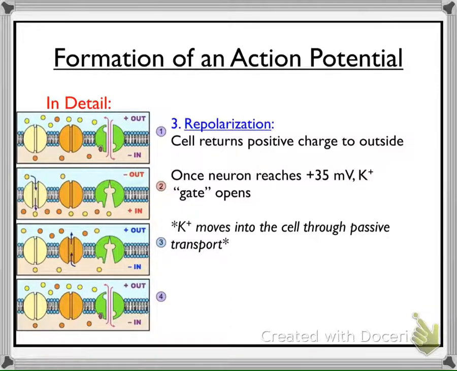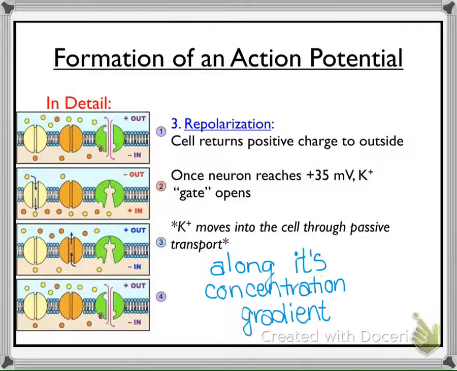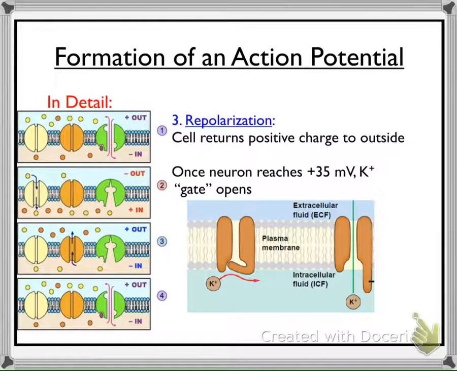And once again, this potassium is going to be moving from an area of high potassium to an area of low potassium. That means that it's moving along its concentration gradient. And because it's moving along its concentration gradient, it can do this through passive transport, so without spending any energy, without using ATP. And again, I'll just show you another image of these voltage-gated potassium gates.